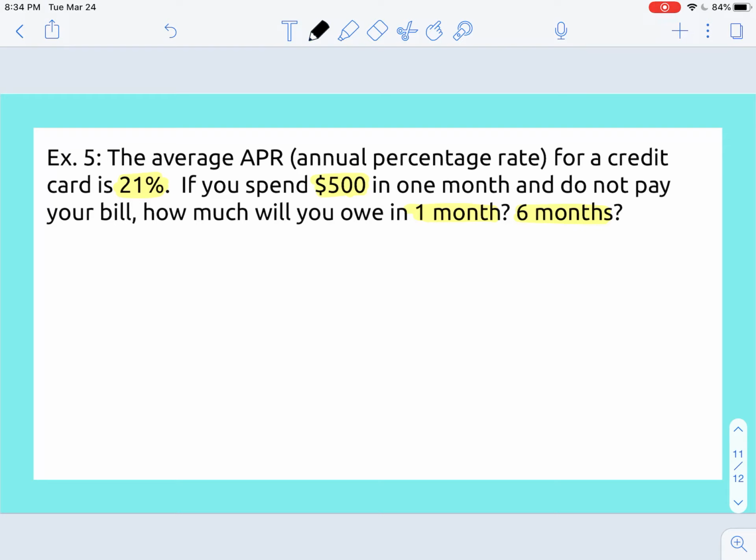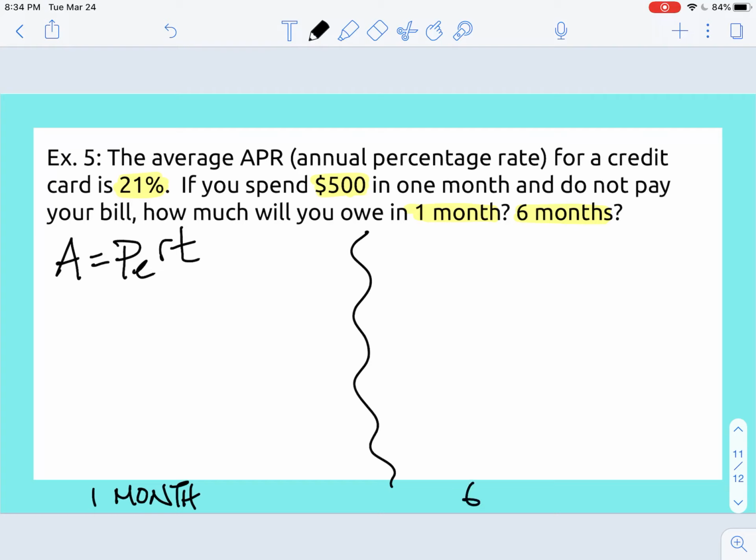So we're going to use our same formula, A equals P E to the R T. And we're going to solve this once with T equals 1 month and once as T equals 6 months. See what that difference is. Okay, so 1 month and 6 months.